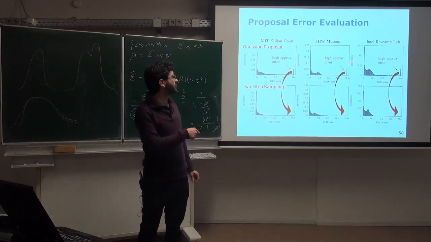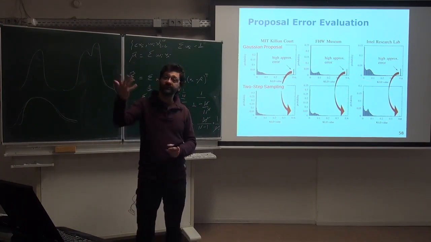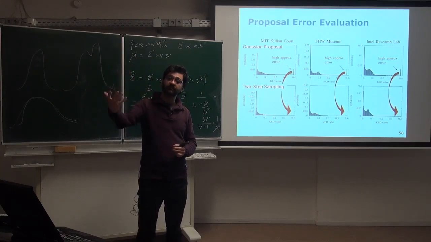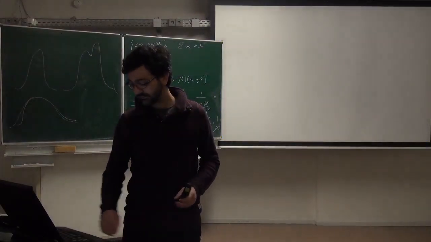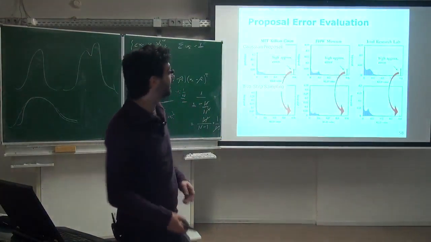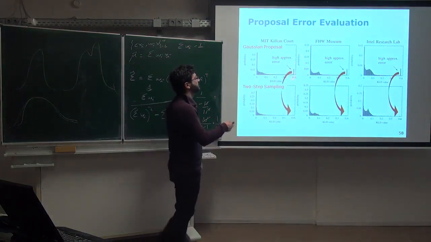Because all these errors were coming from these multimodal distributions that we should consider, and if we do not do that, then we will have this approximation error up here.